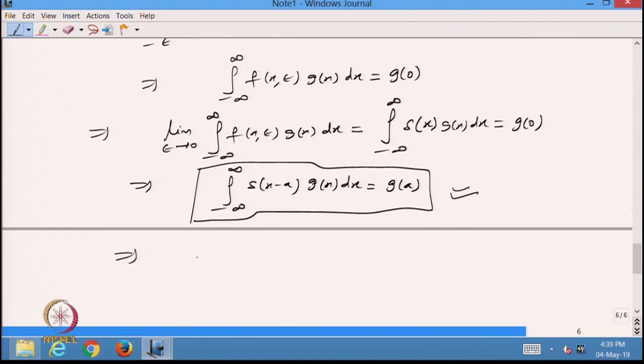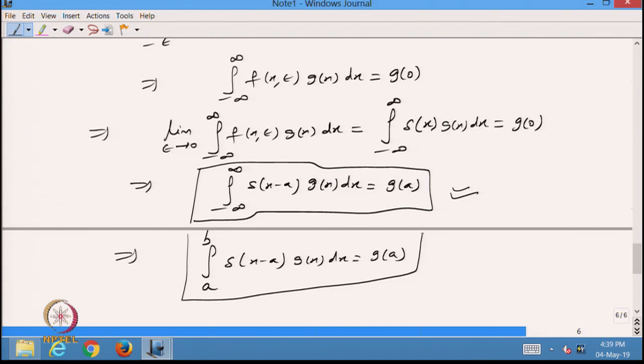Similarly, the same property holds over a finite interval from a to b, where the integral of the Dirac delta and g(x) dx can be written as again g(a). So, this is for the finite domain.